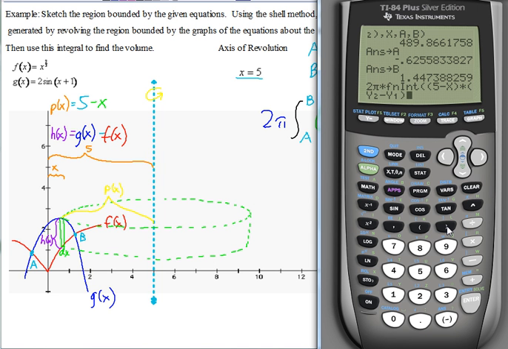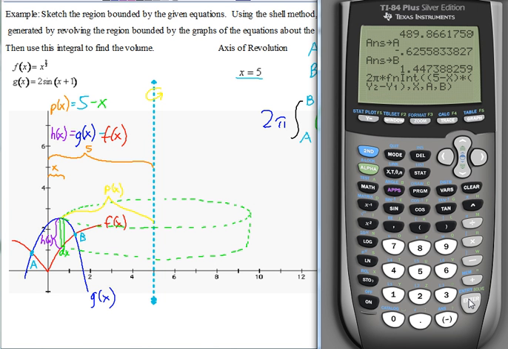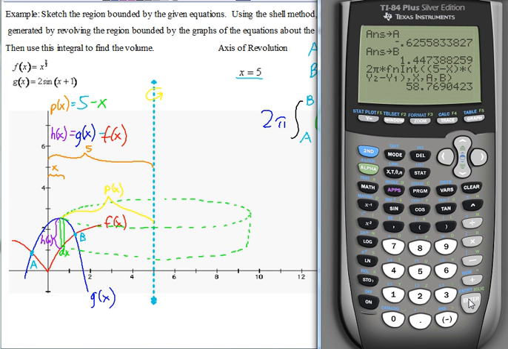Close parentheses. So that's what we want to integrate, comma, the variable x, comma, the lower limit alpha A, comma, the upper limit alpha B. And we get 58.769.